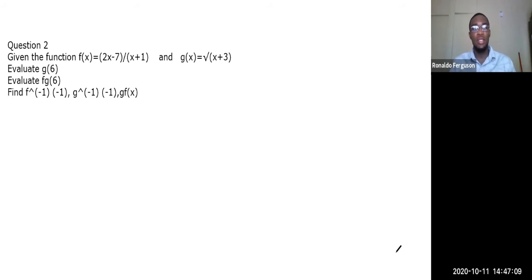So this question says, given that the function f of x is 2x minus 7 over x plus 1, and g of x is the square root of x plus 3, find g of 6, fg of 6, f inverse of minus 1, g inverse of minus 1, and gf of x.